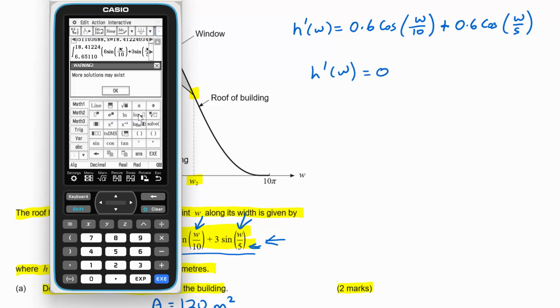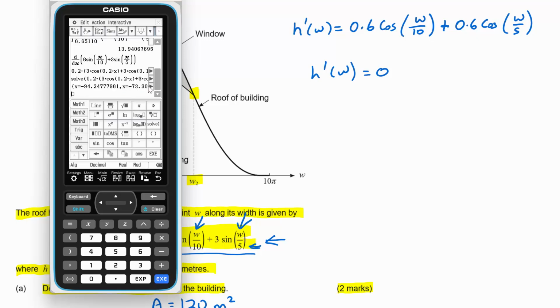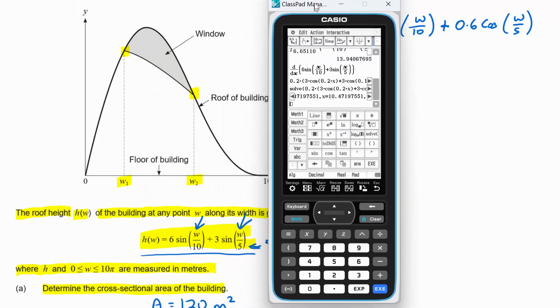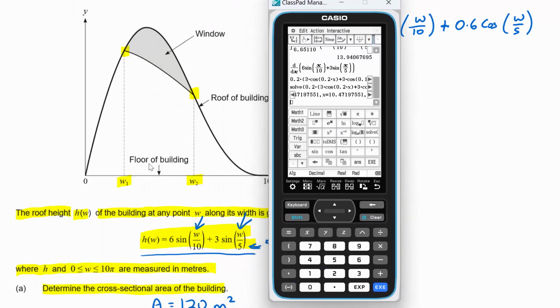We'll just get a lot of answers, and we're just going to go across and find the one that we want. And obviously it needs to be positive. And that one there, the 10, that seems to be between W1 and W2, and the maximum we can see is there. So let's use that one there. So W equals 10.472.